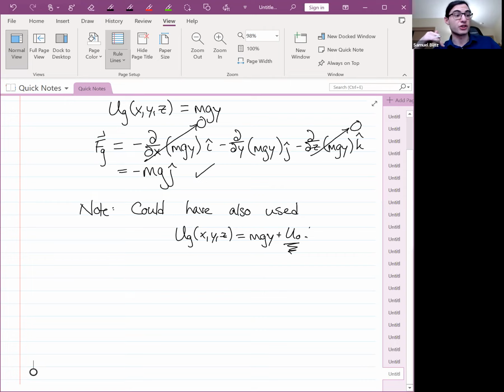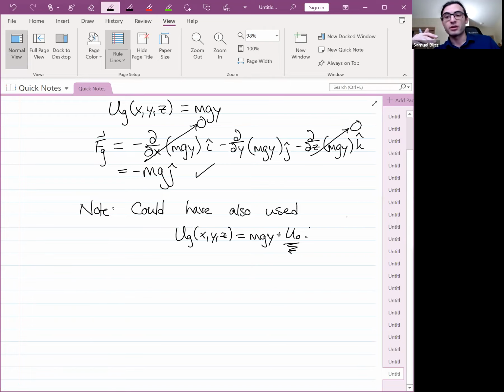a constant to a potential energy function, because we only care about it so far as it gets us the force, because you can't observe the potential energy. You can't say, aha, the potential energy there is 8. No, all you can say is either A, how the potential energy changes, in which case this constant doesn't matter, or B, you could ask what is the force associated with that potential energy, and you can measure that.